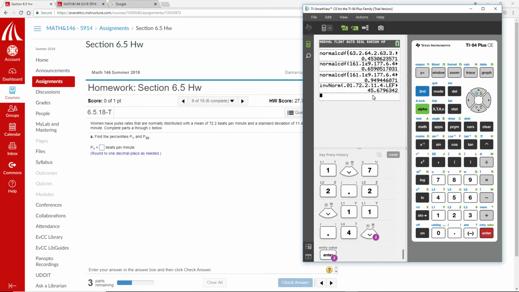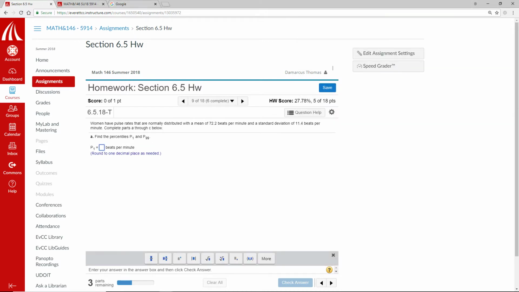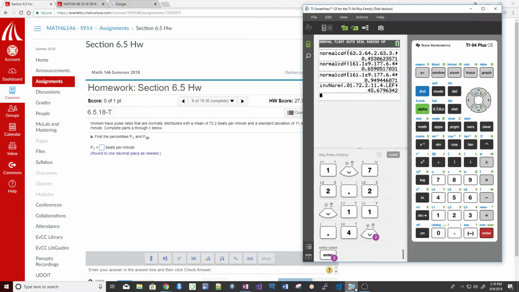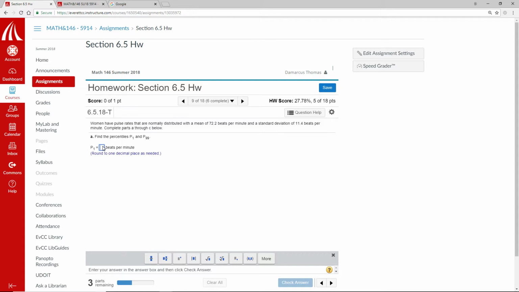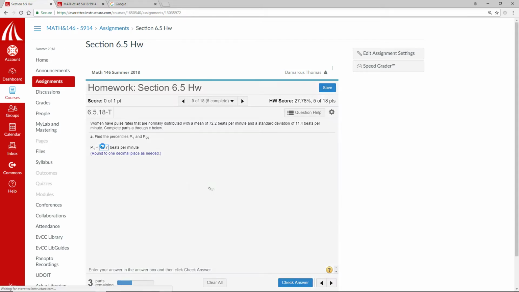So if your BPM is 45.6, you're in the lower percentile. 45.6 would be considered extremely low. We rounded this off to one decimal place, so 45.7. I think I said 46, but 45.7 is what you needed to put in there.